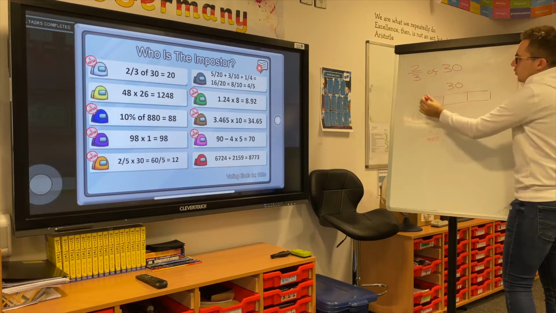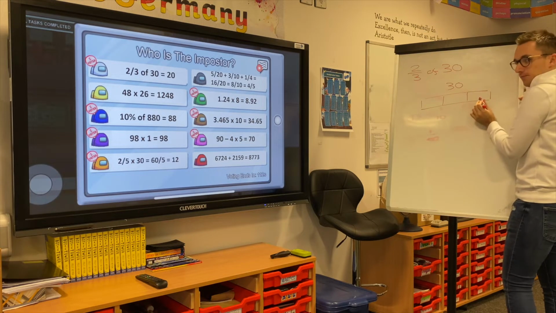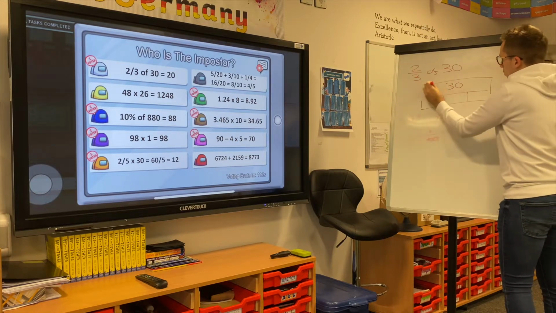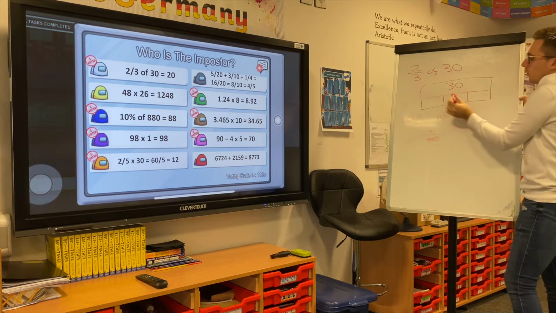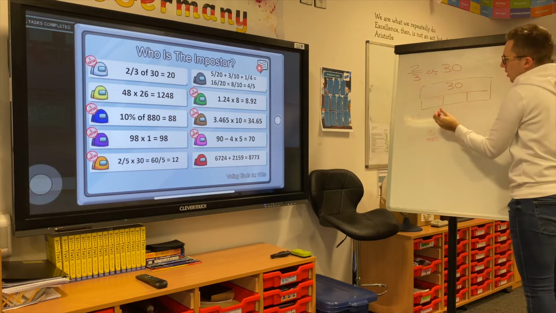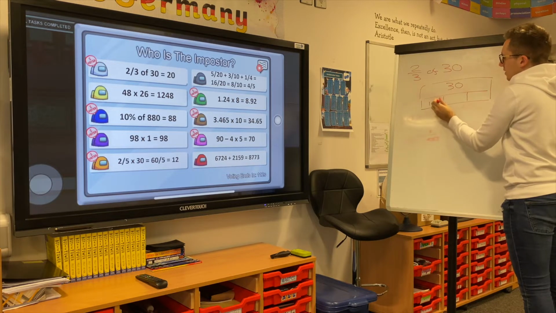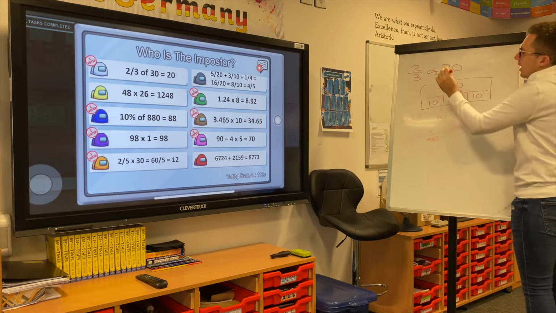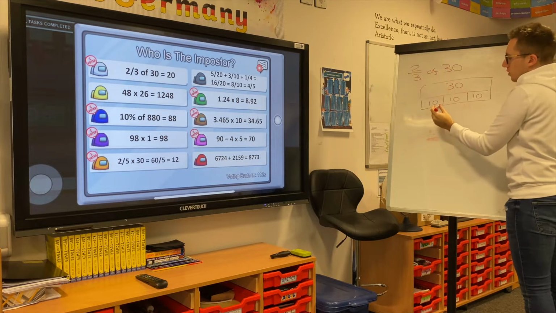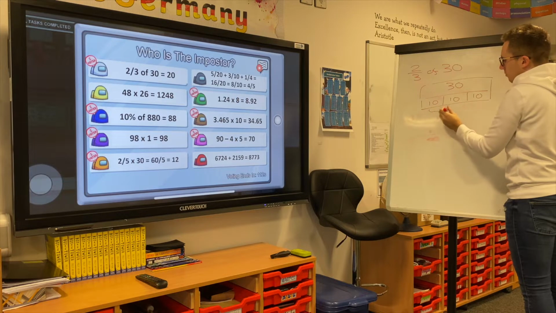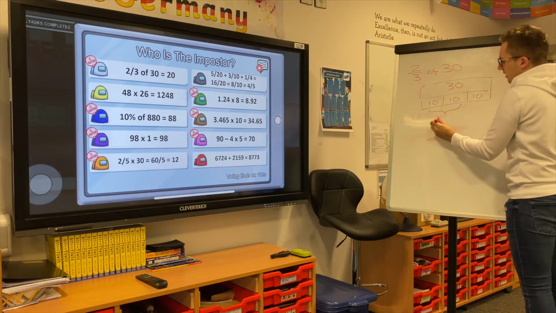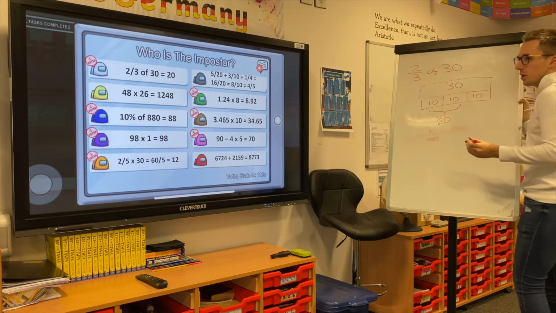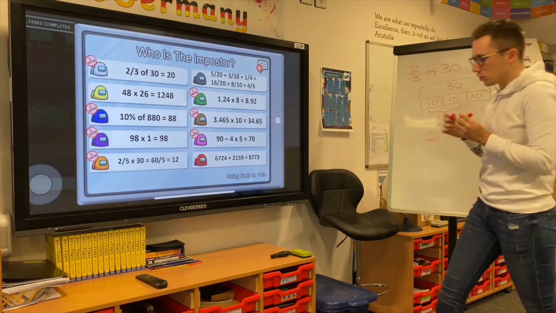Well, to do that, we divide by 3. All of this is 30, but it wants it into thirds, so we divide by 3. Well, 30 divided by 3 is 10. 10, 20, 30. It wants 2/3. So this one and this one added together would be 20. So the answer is 20.